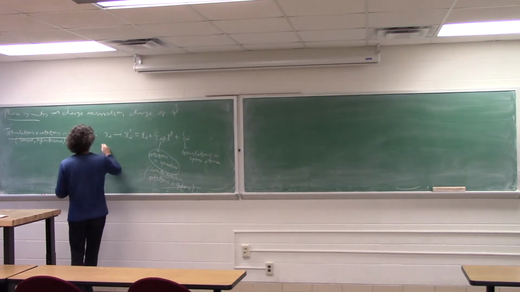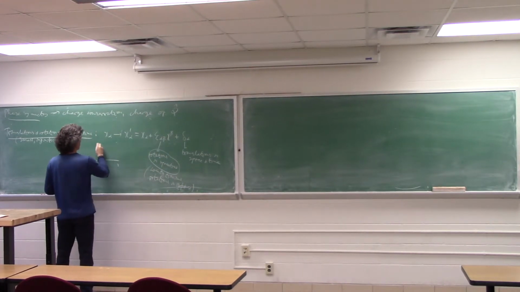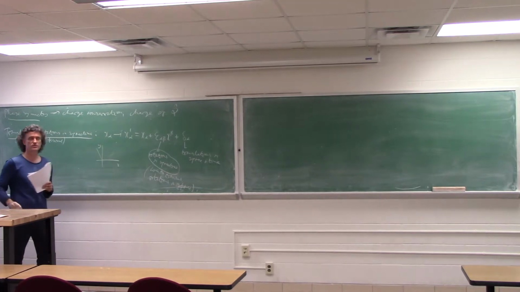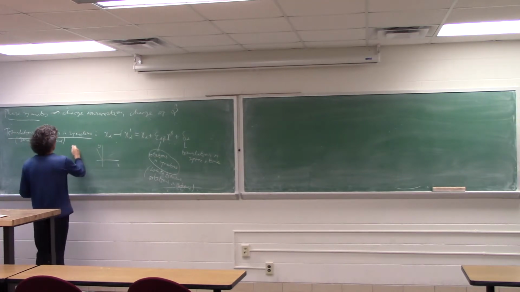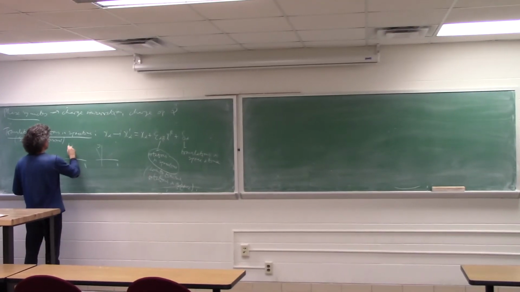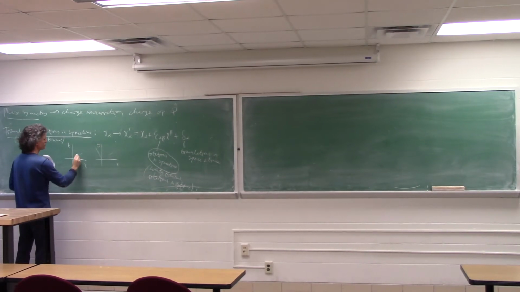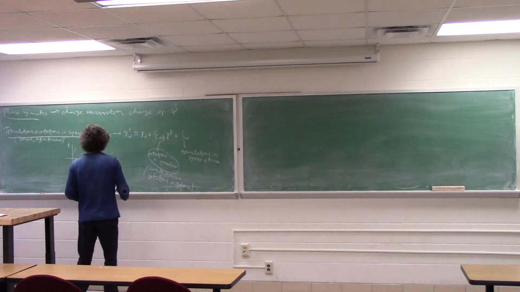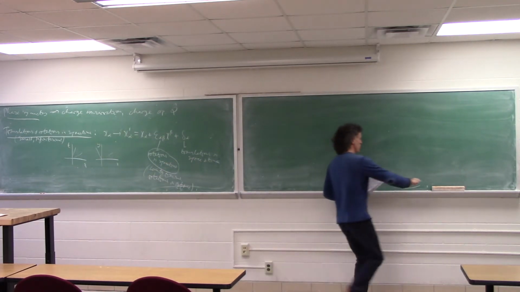Of course, if I'm looking at x and y, and I rotate about the z-axis, then I'm just doing a rotation in space. If instead I'm talking about x and t, and I do a rotation, well really this is a Lorentz transformation.